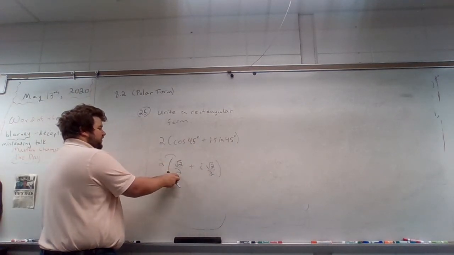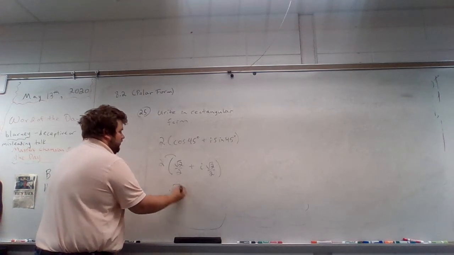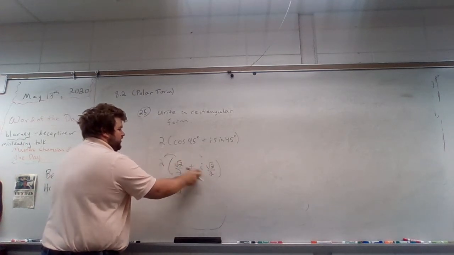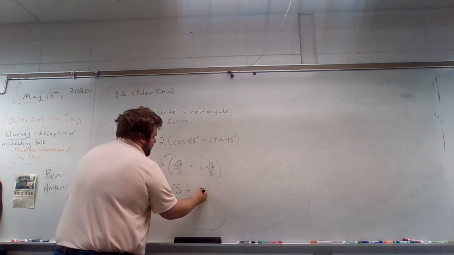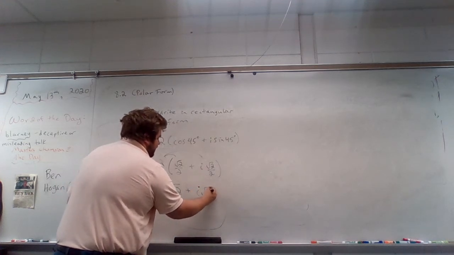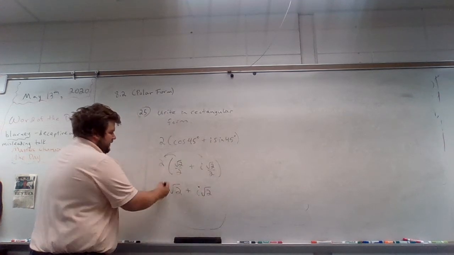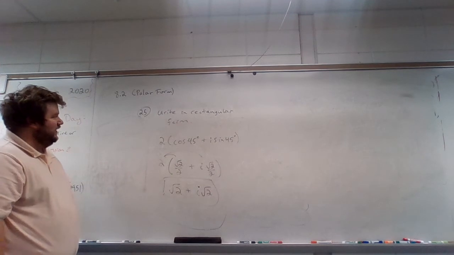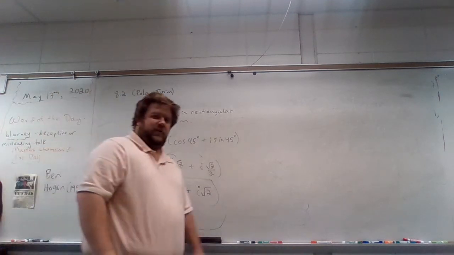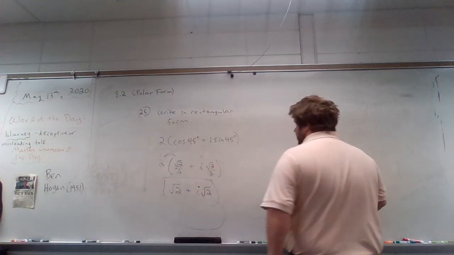So 2 times this, the 2's cancel. I would get root 2. 2 times this, the 2's cancel, so I get i root 2 or root 2 i, either one. That's it. Maybe do another one where we're going to rectangular. That's pretty nice, isn't it?